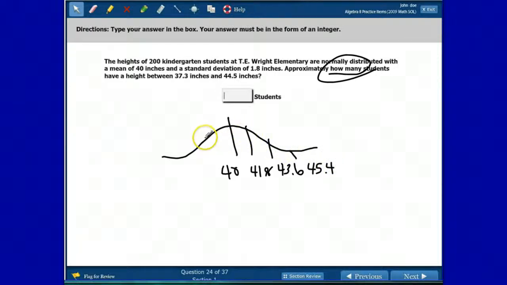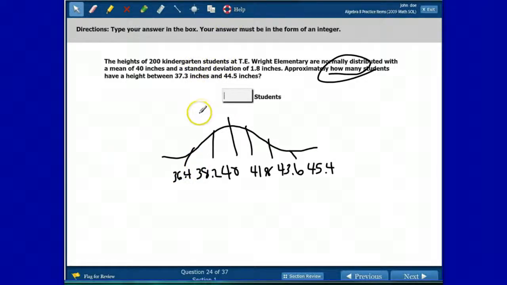Okay, and then I'm going the other direction. I'm going to go 1.8 down, which is 38.2. And then one more standard deviation, which is 36.4.